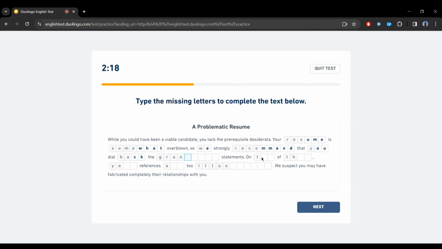I'm not sure about this one. Your references are too illustrated.